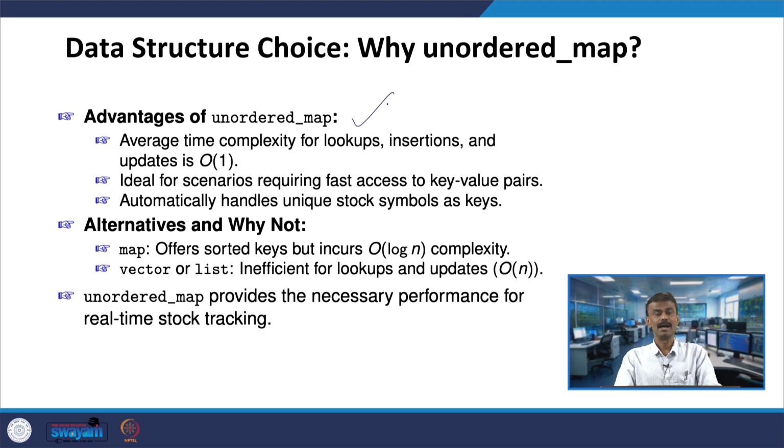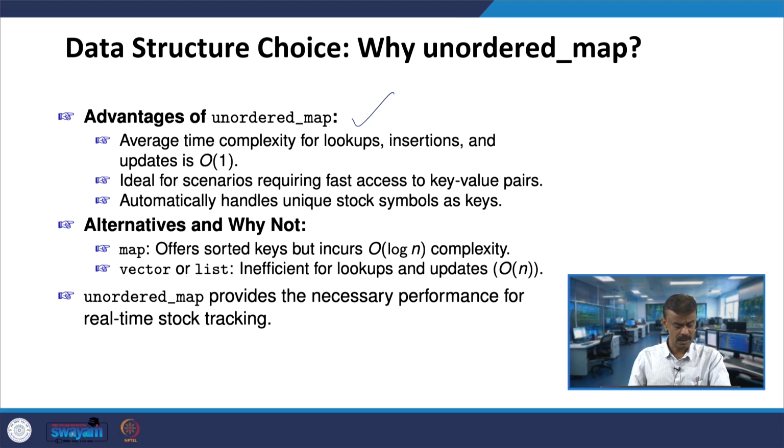It is ideal for scenarios where you may require fast access to key value pairs. Already I told it is an order 1 algorithm, so that is the reason we are choosing this unordered map. It also automatically handles unique stock symbols as keys.